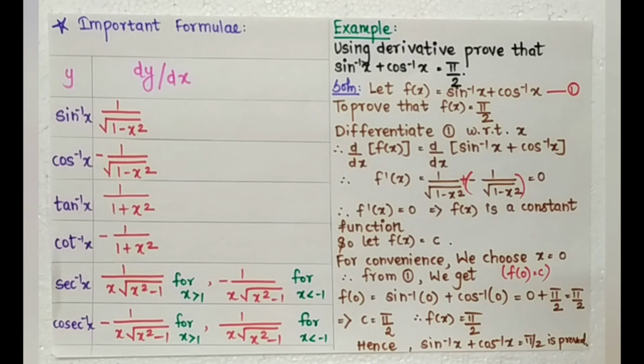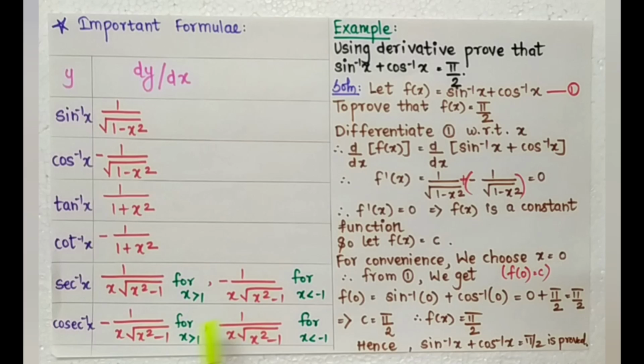See, in question number 1, they have given tan inverse x plus cot inverse x. So we will be using the tan inverse x formula, that is 1 upon 1 plus x square, and the cot inverse x formula, that is minus 1 upon 1 plus x square. And in question number 2, sec inverse x plus cosec inverse x, and they have given mod x is greater than or equal to 1.